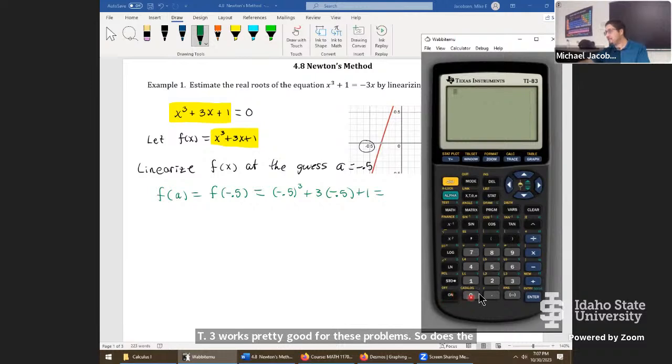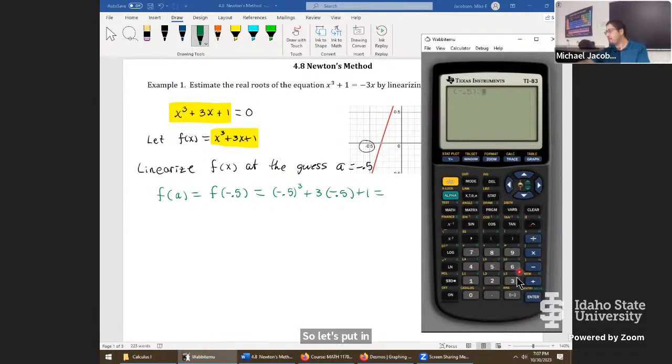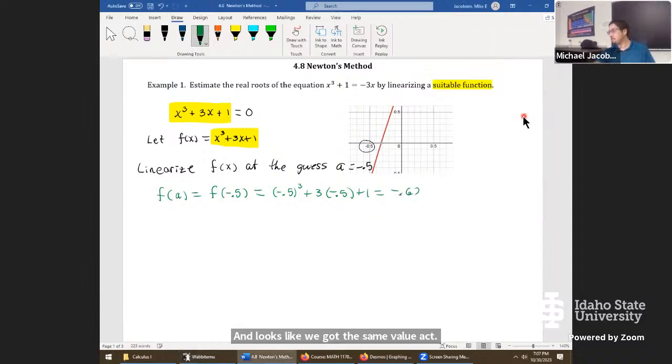So let's put in negative 0.5 to the power 3 plus 3 times negative 0.5 plus 1. And looks like we got the same value, negative 0.625. So we're linearizing the function. a is negative 0.5, f of a is negative 0.625.